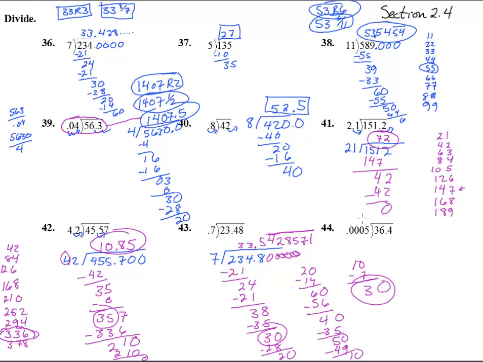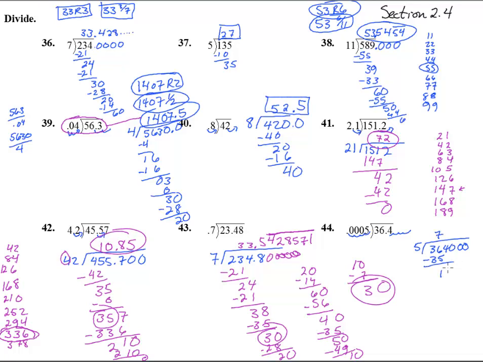Number 44. We're going to have to move this decimal 1, 2, 3, 4 places. So this guy's got to go 1, 2, 3, 4. So it's 5 goes into 36,400. So 5 goes into 36 7 times. That's 35.